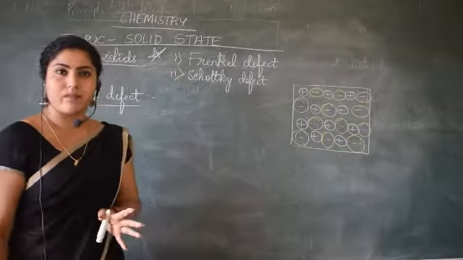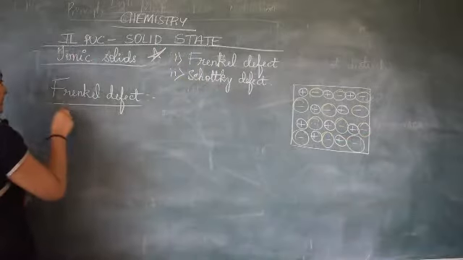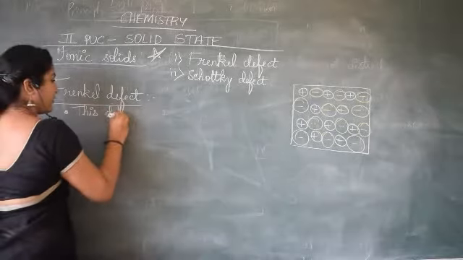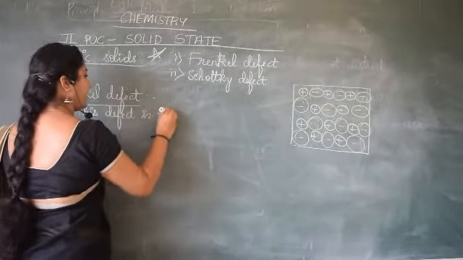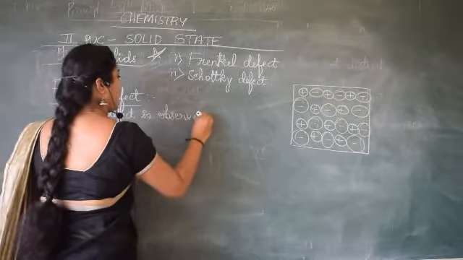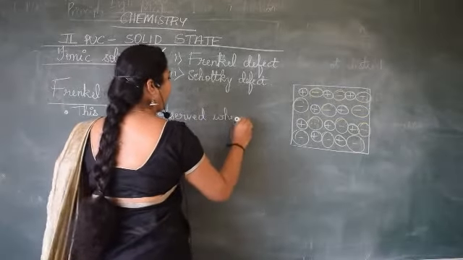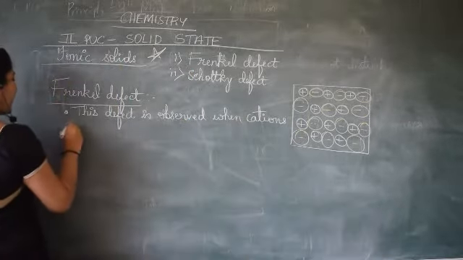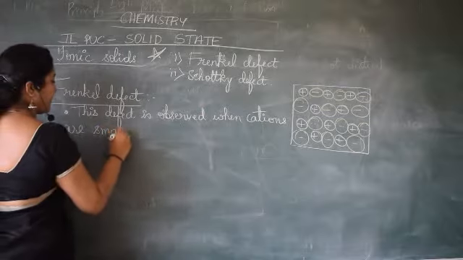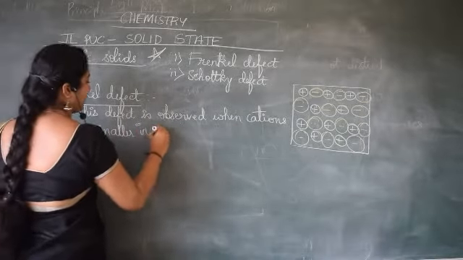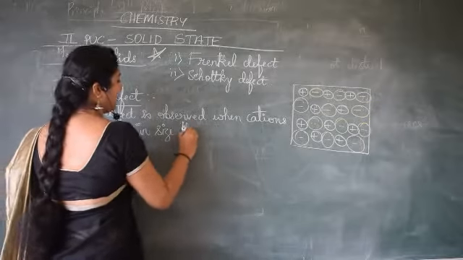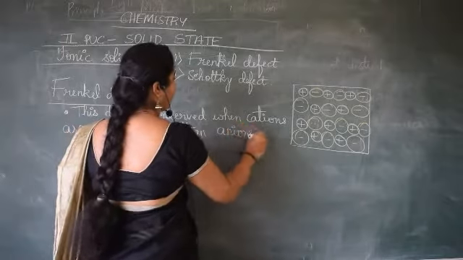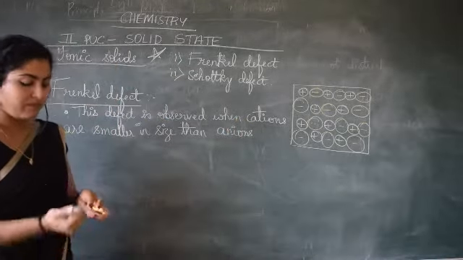Do remember this. So the first point you will write: this defect is observed when cations, meaning positively charged ions, are smaller in size than anions. Anions means negatively charged ions. So anions will be larger in size, cations will be smaller in size.